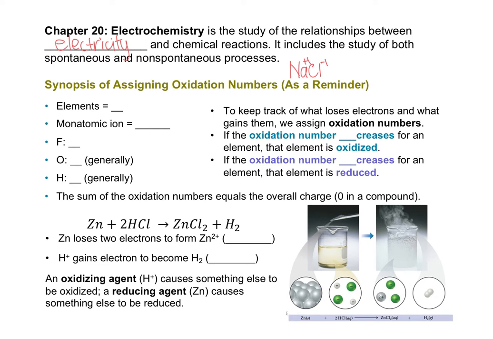So in general, if things are in their elemental state, so they're not charged, they have an oxidation number of 0. When we have an ion, so like for example, sodium here, +1, and chloride, -1, the oxidation number of that is just going to be equal to the charge. So these are really nice.